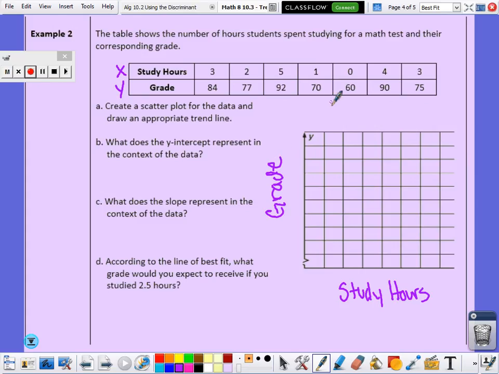Let's say grade and hours studied, or hours studied and grade. There's our graph title. Okay, now we need to write a scale in. We have a nice break here for grade. That's good. The lowest grade is 60, so I'm going to start at 60. And I'm going to go up by 5s.